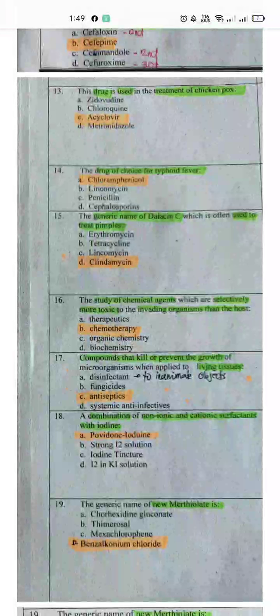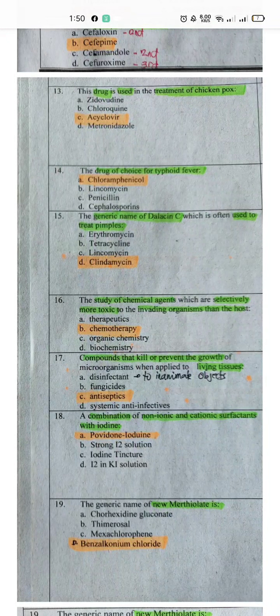So, it is employed as an antiseptic for skin and mucosa and for irrigation or storage of surgical instruments. So, benzalkonium chloride is the new Mertiolate, which is used as an antiseptic with detergent, emulsifying, and wetting action.